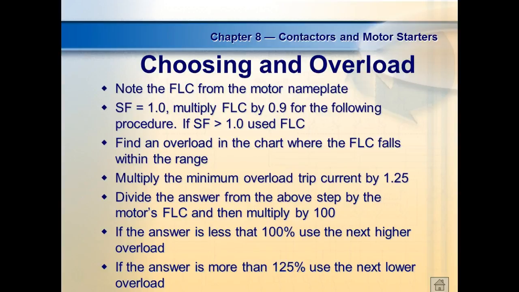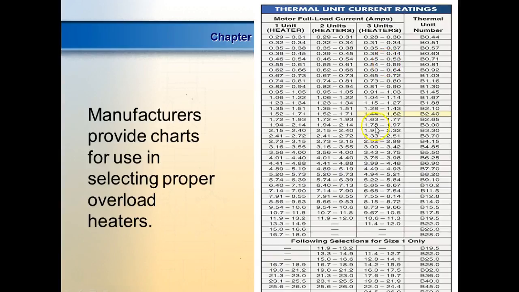Are we multiplying 1.44 times 1.5, then dividing that? We're multiplying the minimum full load current, and we knew that one because we looked it up, right? So what's the minimum full load trip current? 1.44. Okay. Now we're going to see if this is okay, if it's within the 125%.